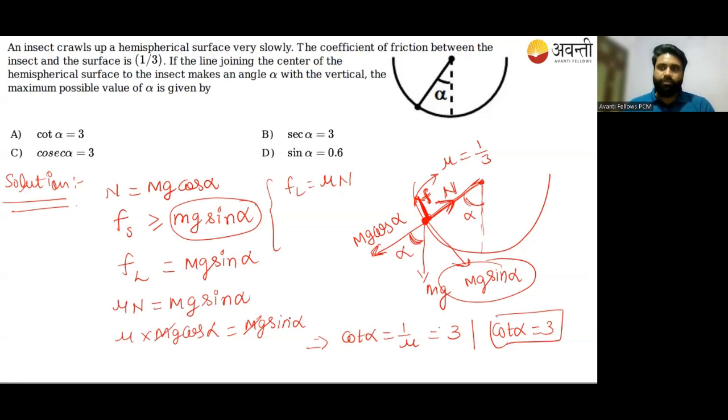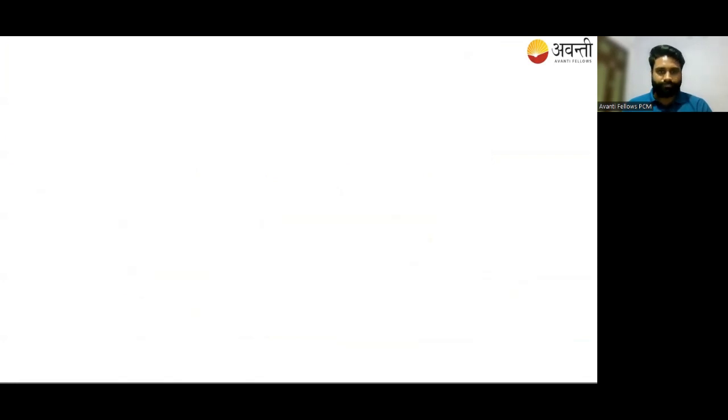This is the maximum value of alpha for which the friction can hold this insect at this position, because after that, if alpha increases, it would exceed the limiting friction and the insect will crawl down. So option A is the correct option. Now move on to the next question.